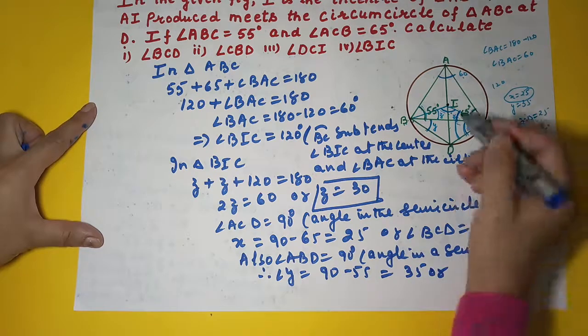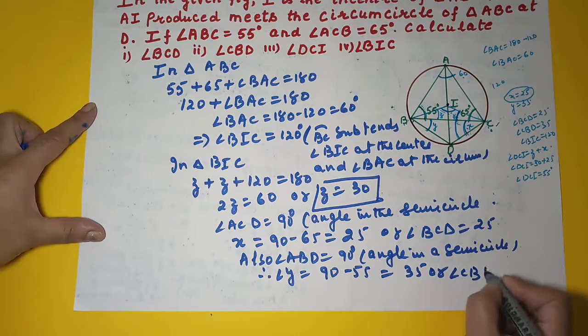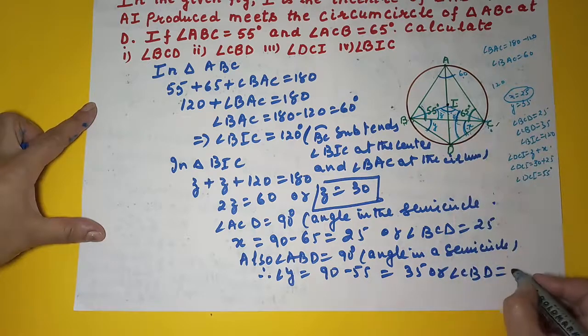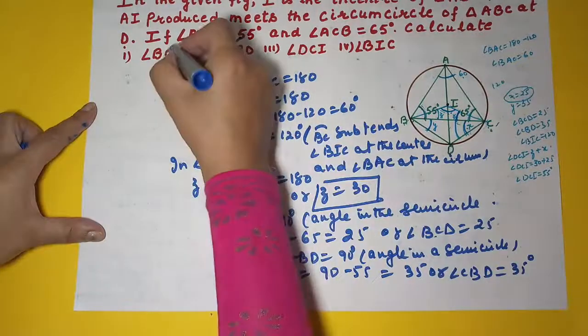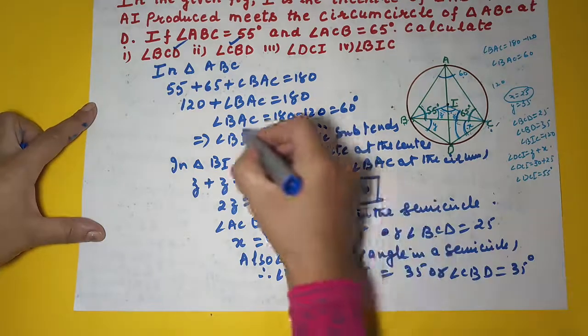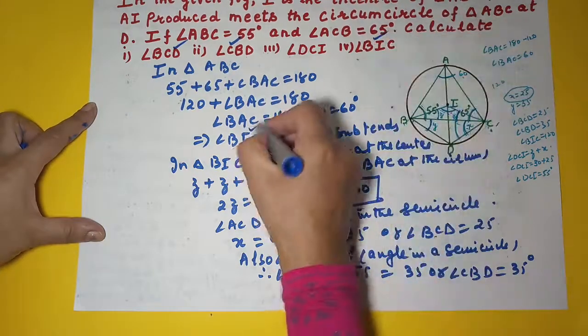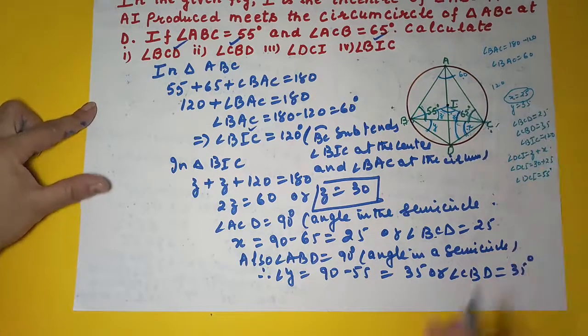So angle Y, your CBD, is 35. You got your CBD, you also got your BCD, and you got your BIC also. Now DCI. How do we calculate DCI?